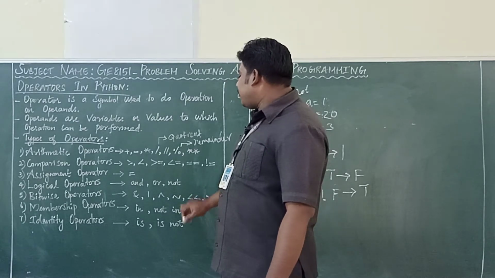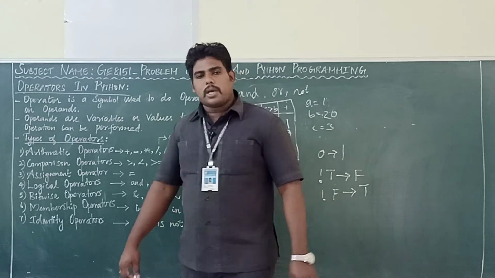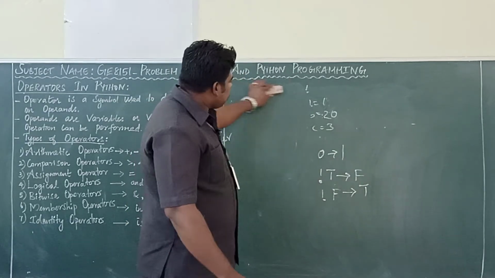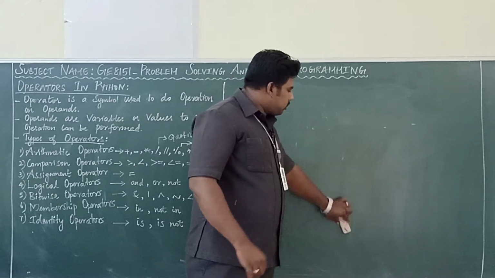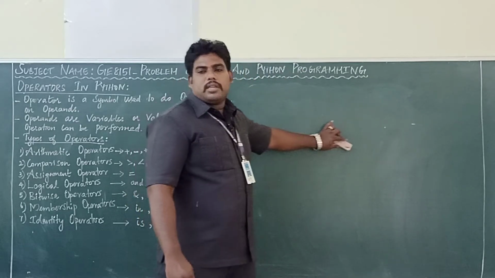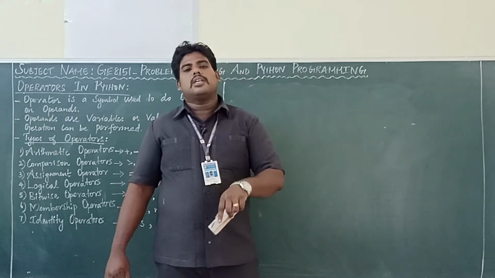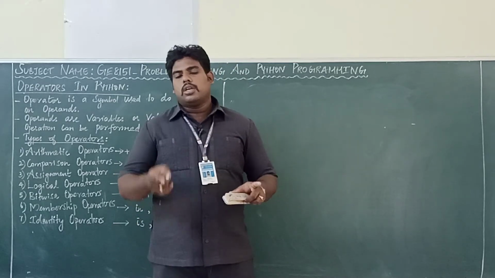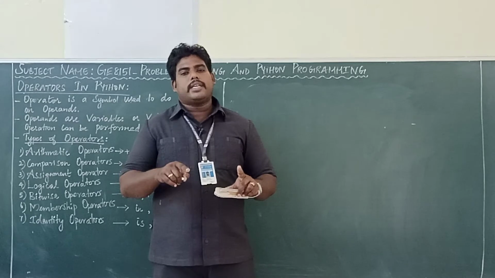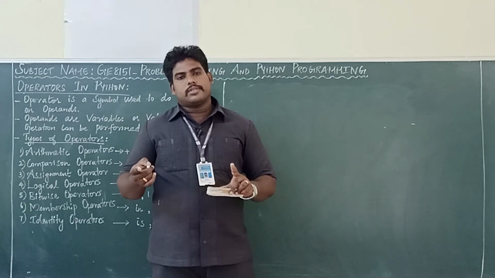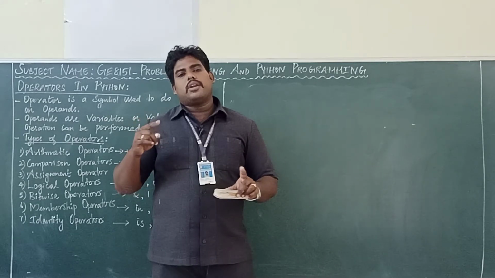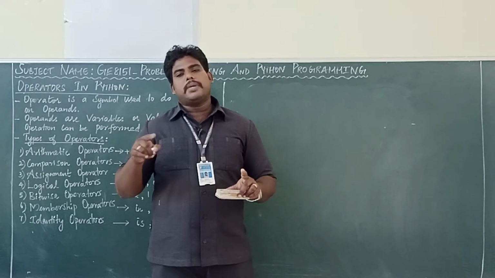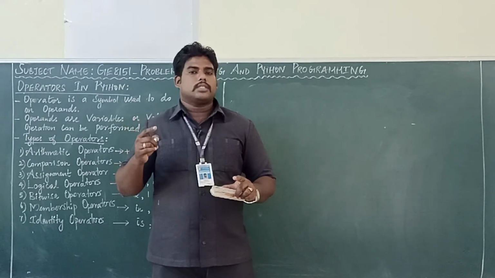Then bitwise operators. What is bitwise operators? What is bit? If you see your computer memory organization, at first the first level is bits: 0, 1. 0 is 1 bit and 1 is 1 bit. Then 4 bits equal to 1 nibble, or 8 bits equal to 1 byte.